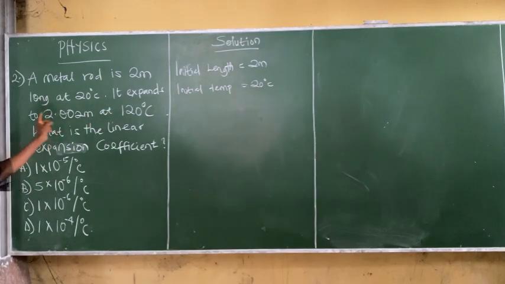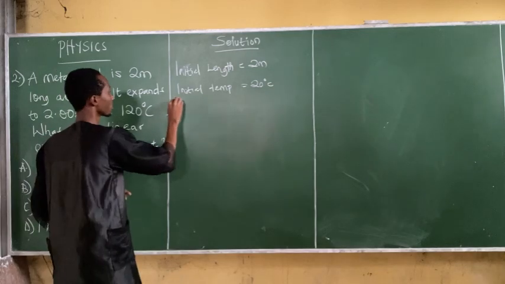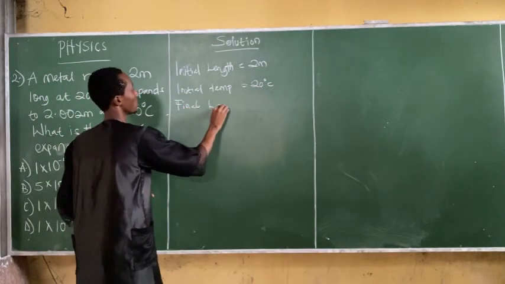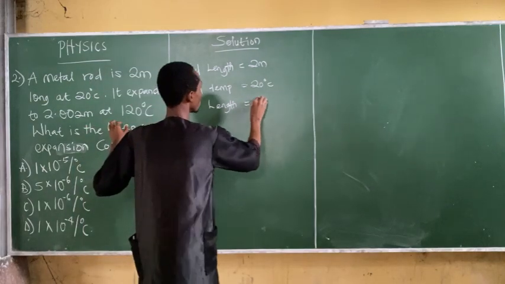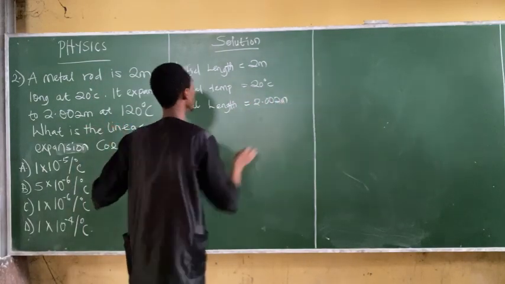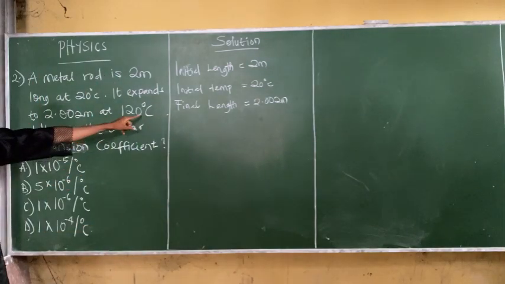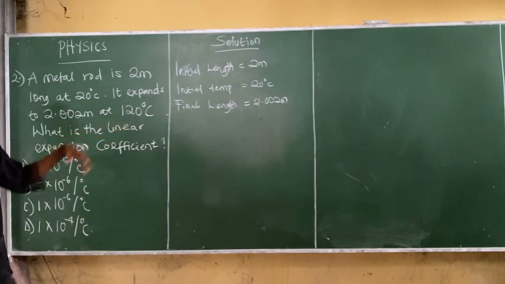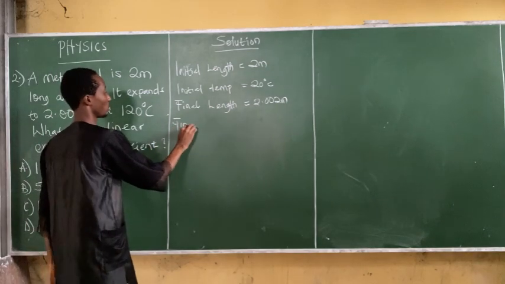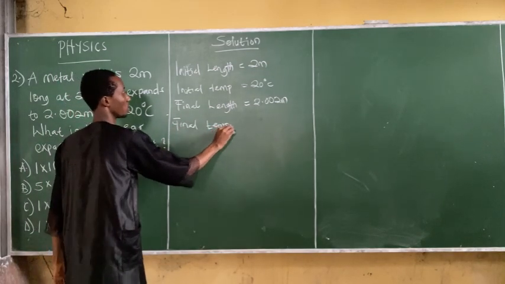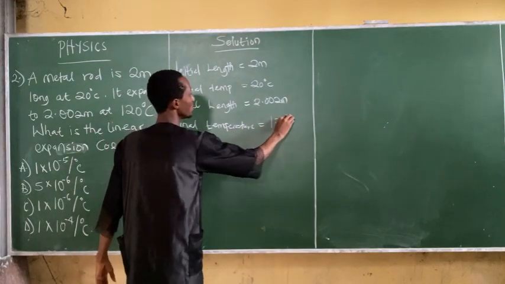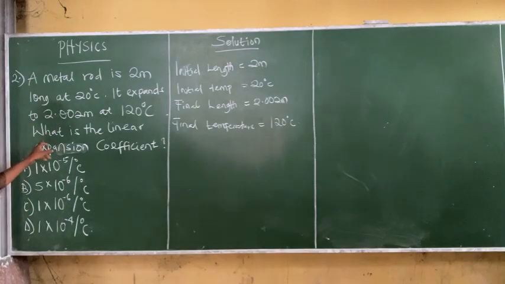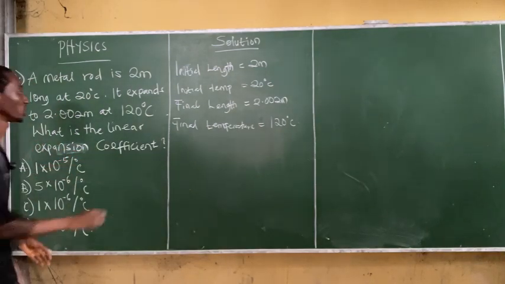They say it expands to 2.002 meters. So the final length is given as 2.002 meters at 120 degrees Celsius. This is the final temperature, 120 degrees Celsius.